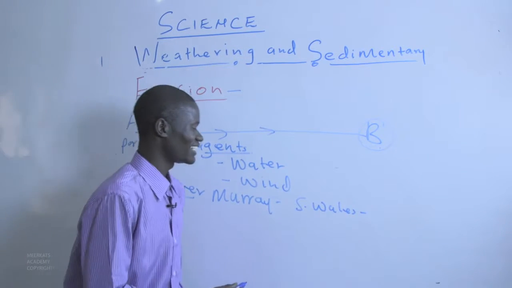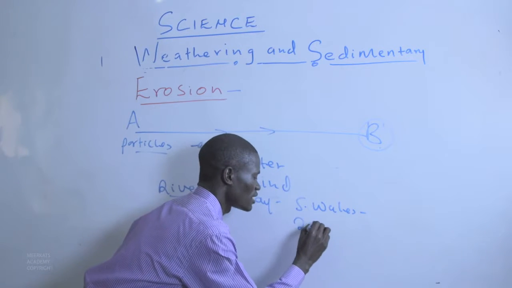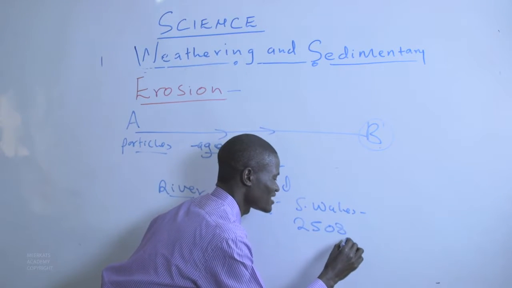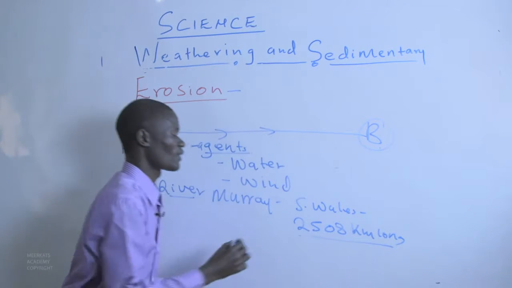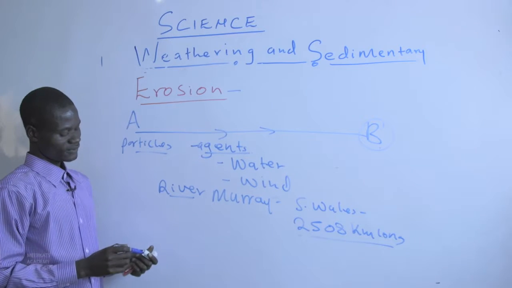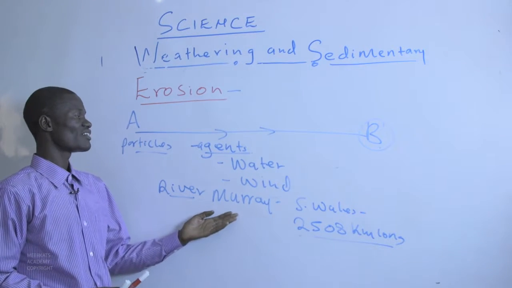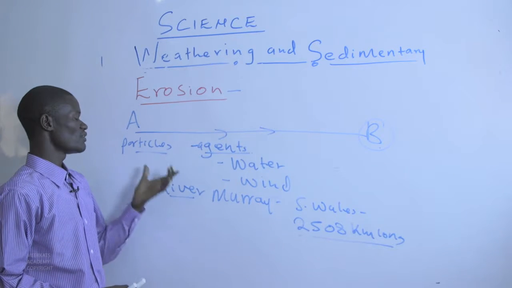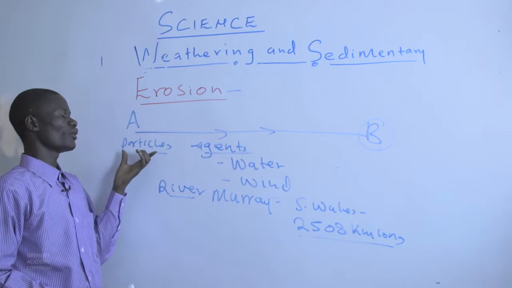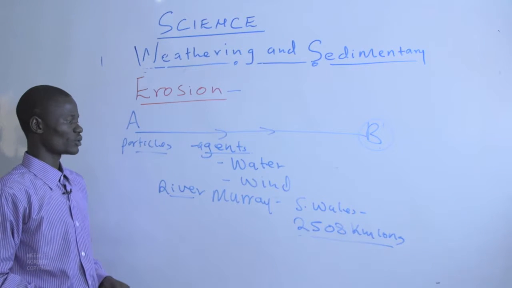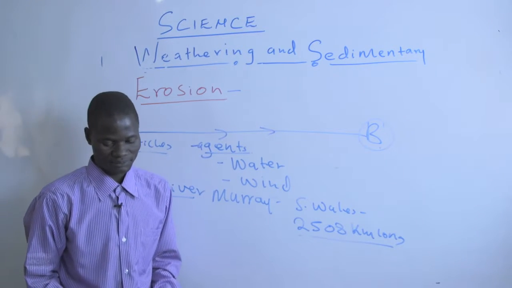I hope you understand that the river has a length of 2,508 kilometers. When this river has some water, you will find that the weathered materials in the form of boulders and fine particles could easily be carried down along the river.